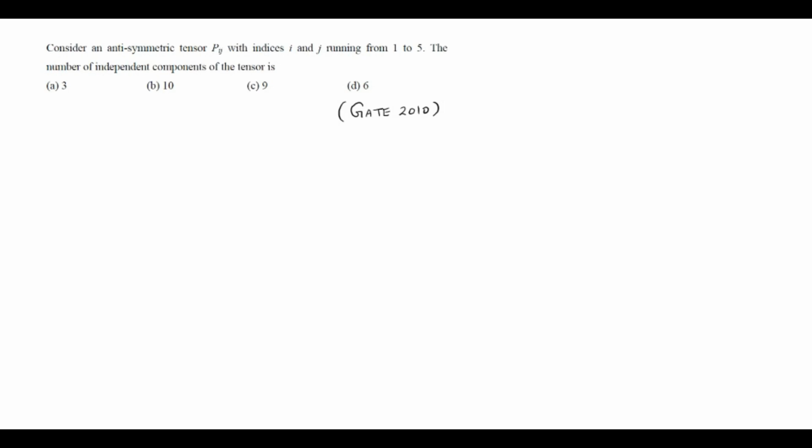For an anti-symmetric tensor, the number of independent components is 1 by 2 n into n minus 1, and here n is 5. So it is a direct substitution: 1 by 2 times 5 into 5 minus 1, that is 4, so 5 into 2 is 10. So answer B is the correct answer.